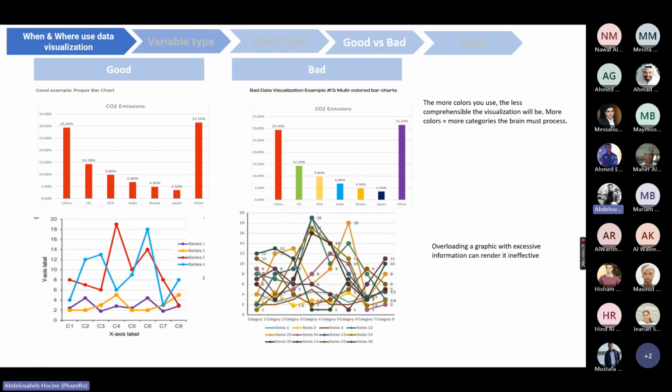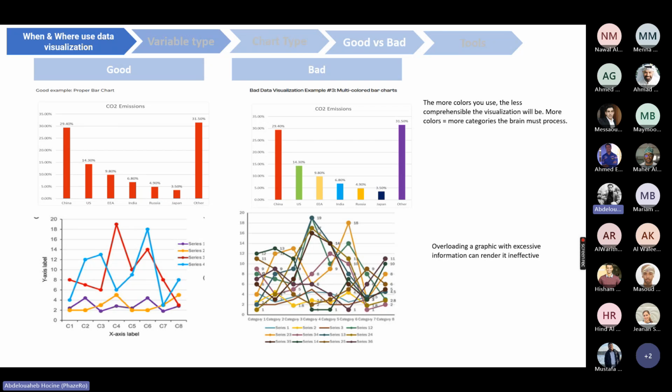But in the good one, I know, okay, this is all the same, all countries, and they can compare between them. That means they have China in the first position, USA in the second position. But in the second one, I need to take more time to get this information. Because I need to look, okay, this is the big one, China, but I have another different color for USA. But making it the same color means I have the same variable and I need to compare between them.